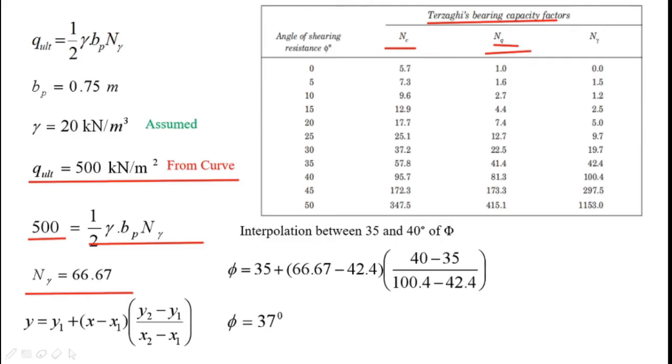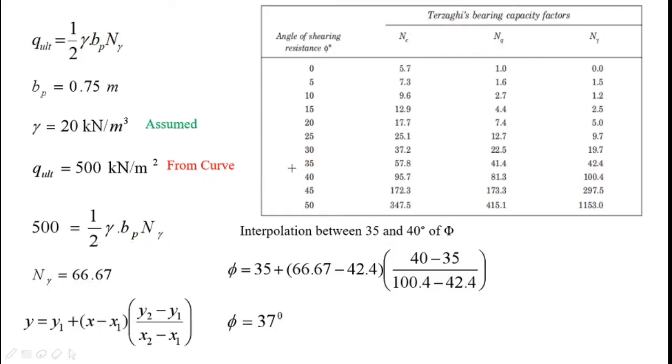Now how am I doing this? I am doing it by interpolating the values of phi. Basically, what is happening over here is that the value of N gamma, 66.67, is somewhere, let's say, over here. It is between phi equals 35 and phi equals 40.